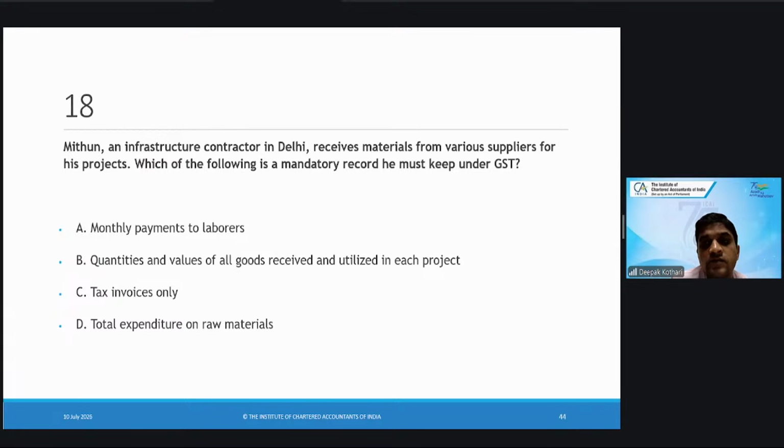Yes. 18D. Total expenditure on raw materials.